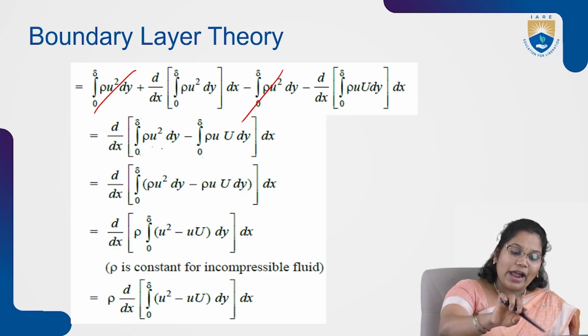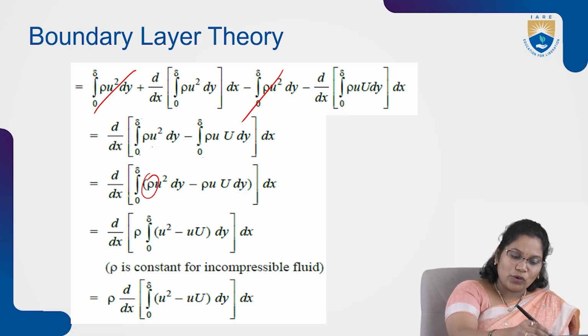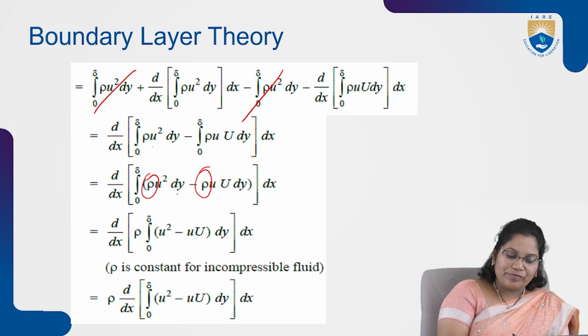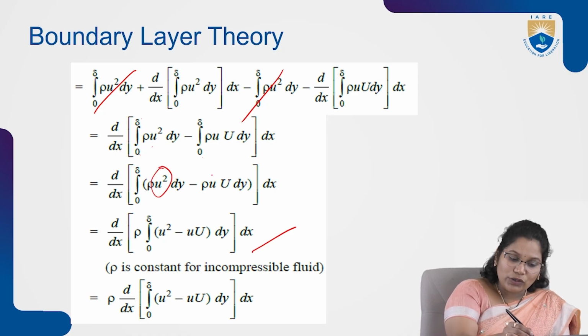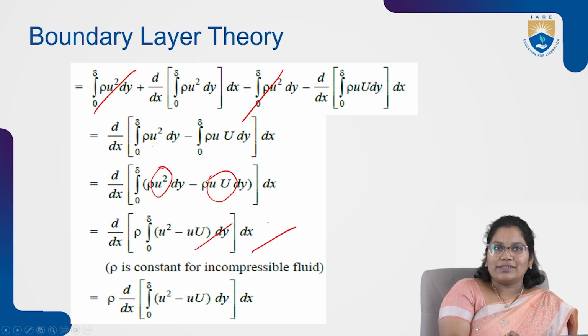After that, what are the common things here? Rho is common in both, right? So I am taking rho outside: d by dx into rho integration of 0 to delta u square minus small u capital U into dy, into dx.